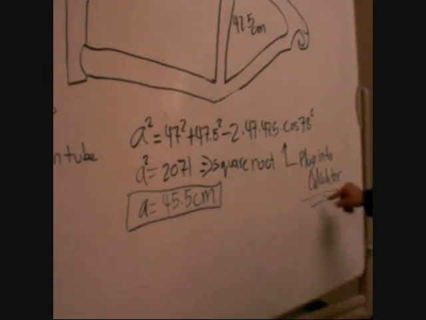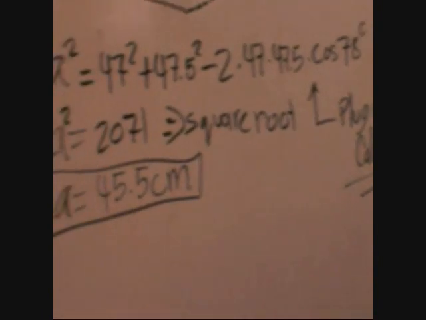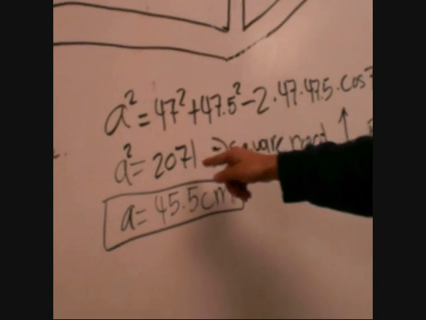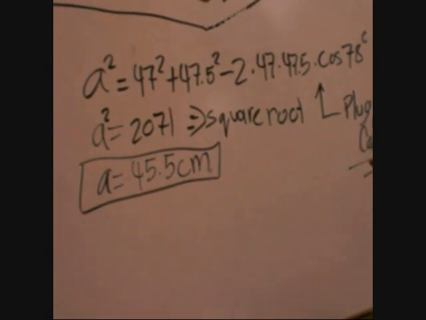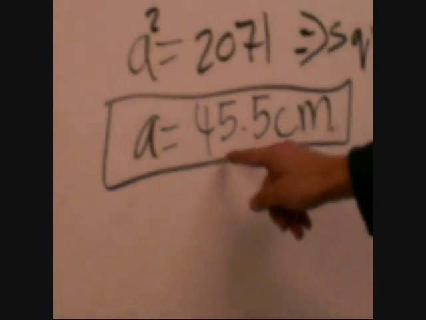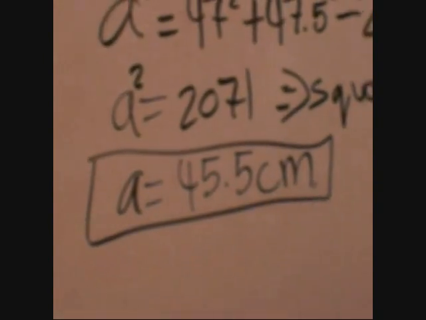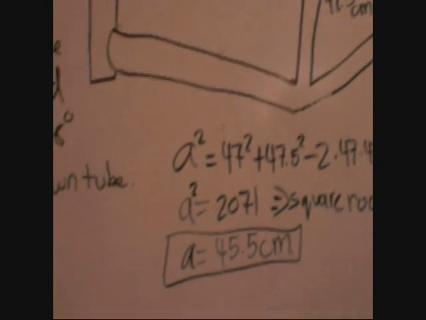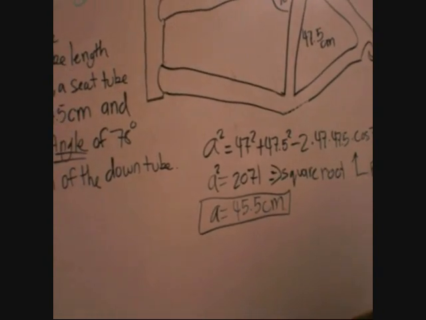After you plug it into the calculator, you get 20.71, and then you square root it, because it has a square, and you get 45.5 centimeters, and there's your length of the down tube. And there you go, we solved it.